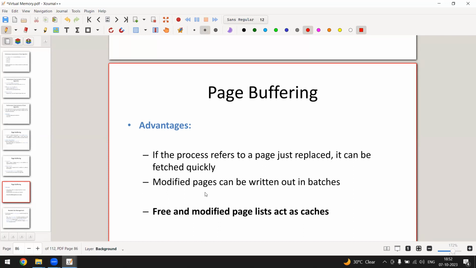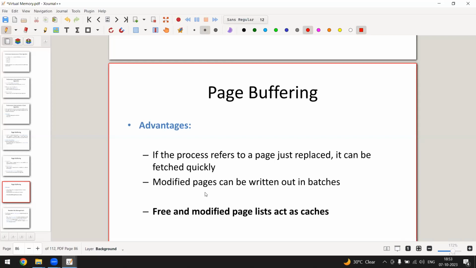Basically, the free and modified page lists are acting as cache memories. In case of page buffering, you should notice that we need more memory, because we don't actually replace a page, we just remove its entry, but the actual page is there in the memory itself.